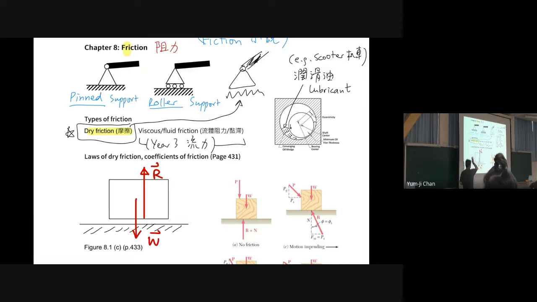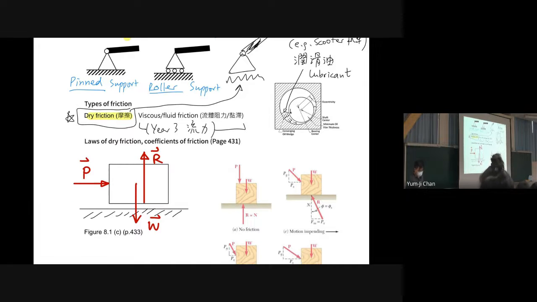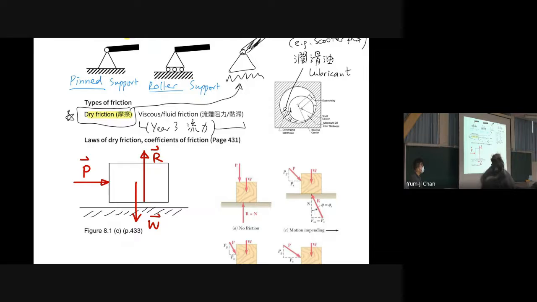And for example, if we push a bit of force to the right, we have P. If my mobile phone is put here and I put a bit of force here, it will not move.